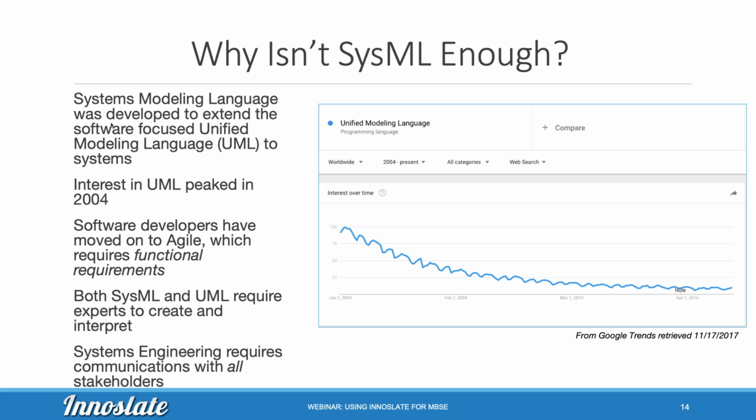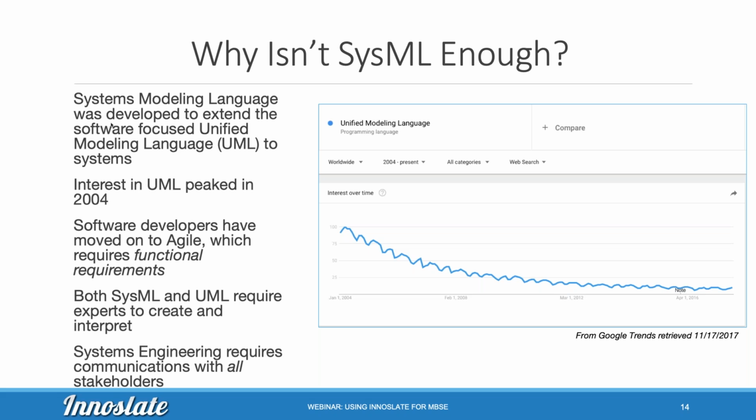So again, SysML and UML require experts to create and interpret those diagrams. So that's another big problem I've run into, and particularly I ran into it big time with UML. We tried to use it on a big architecture program, and the customers were not happy, did not want anything to do with it. Very confusing to them, and they said, please get those out of my face.